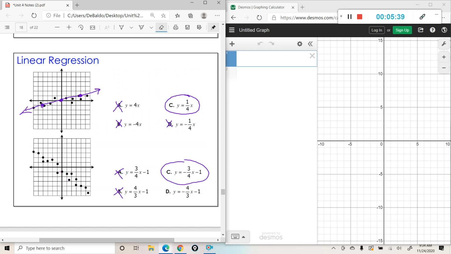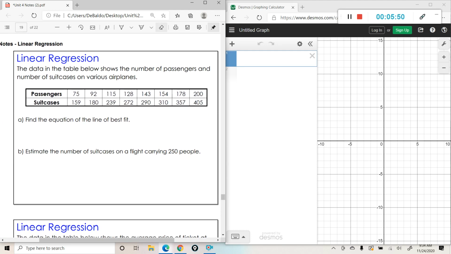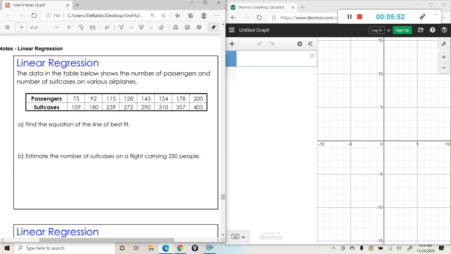Okay, so that's kind of how a trend line works. Now let's go ahead and calculate the regression equation for some examples. Okay. The data in the table below shows the number of passengers and number of suitcases on various airplanes.